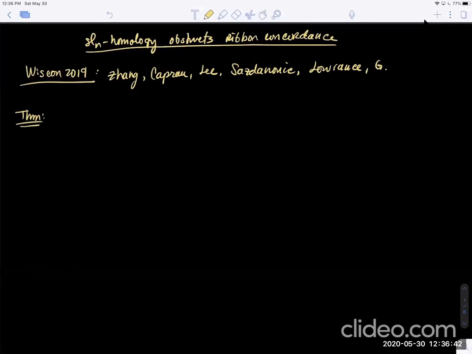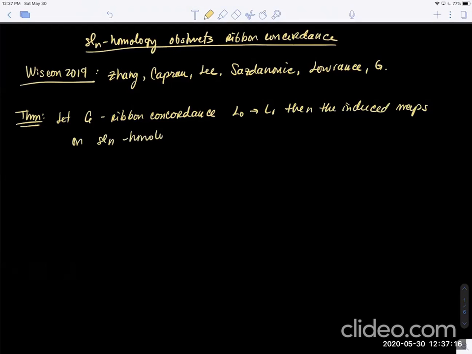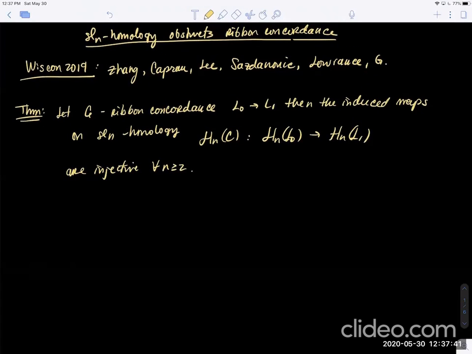The goal is to show you that if you have some ribbon concordance, let's call it C, from L0 to L1, then the induced maps on SLN homology, let's call them HNC from HNL0 to HNL1, are injective for all n bigger than or equal to 2. This is the theorem I want to talk about today.